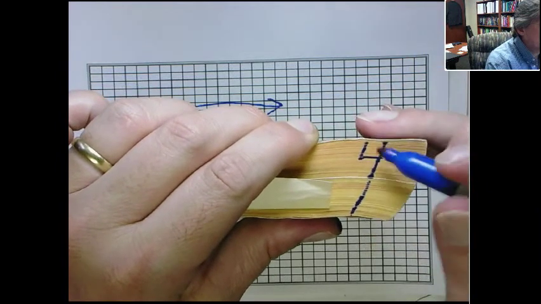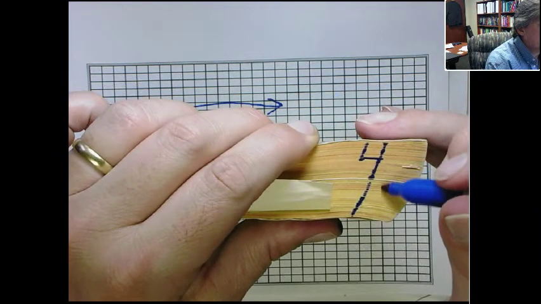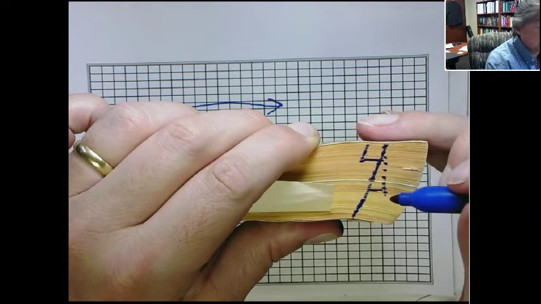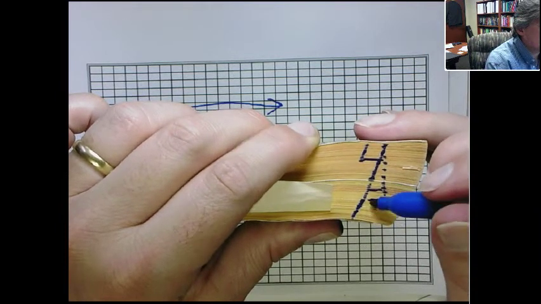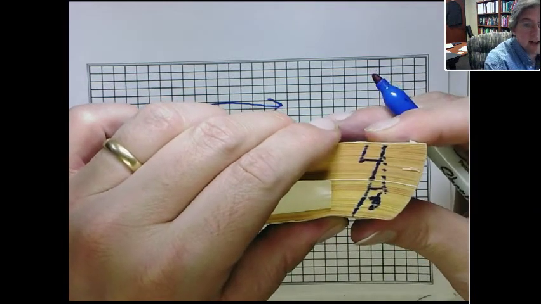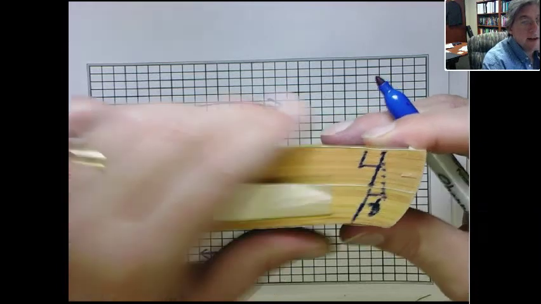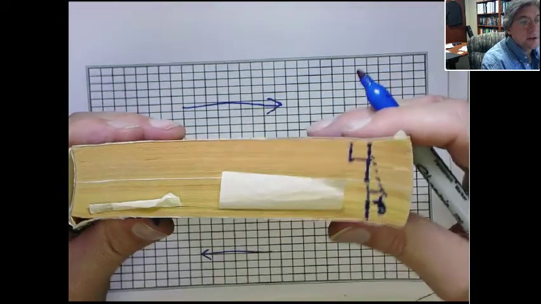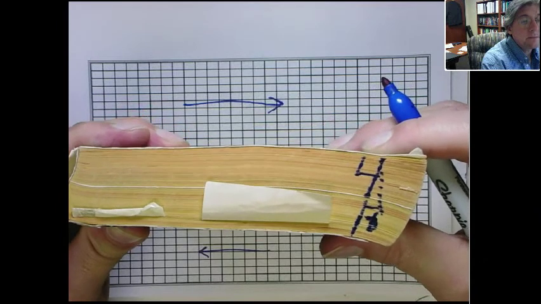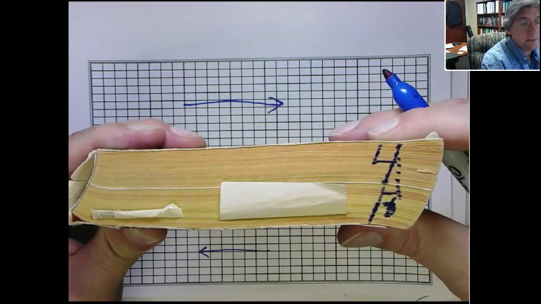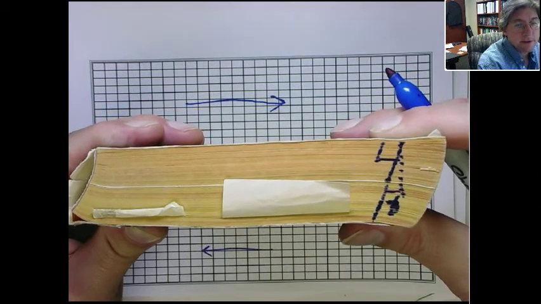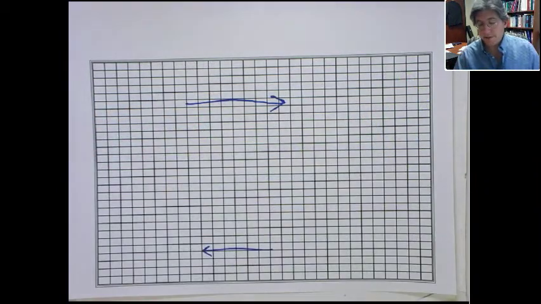This angle here is the shear strain angle, right? We're supposed to try to do this so that the top and bottom pages, the covers, whatever you want to call it, remain in a straight line. And that's what happens. So that's the shear effect.